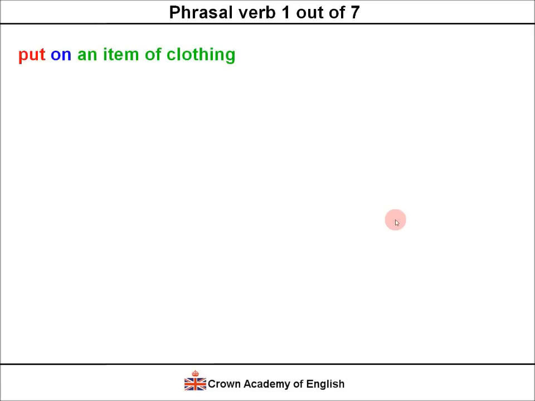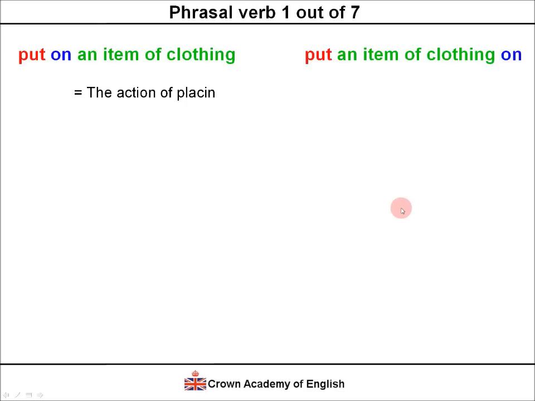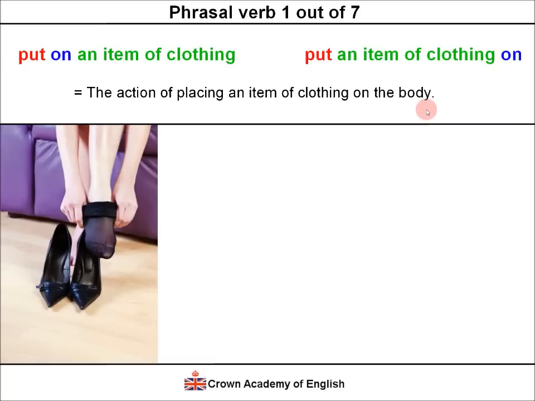So we can have put on an item of clothing. And with the other order, we can also say put an item of clothing on. So this is the alternative form. And it means simply the action of placing an item of clothing on the body. So to dress. Example.